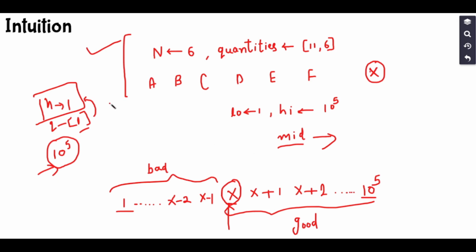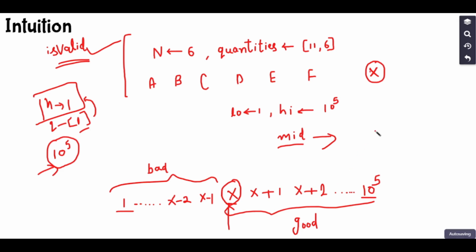Now that is checked, let's say, using some predicate or boolean function. Let's call it is valid. Let's say we have a function is valid. This is valid function basically checks if this particular mid that we have guessed lies on the bad side or it lies on the good side.